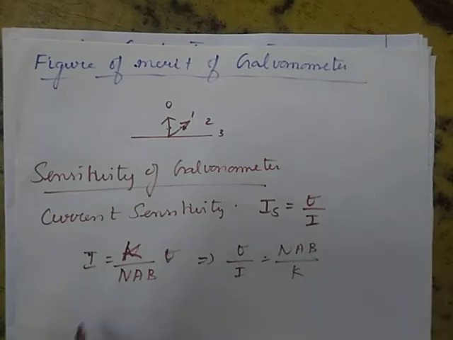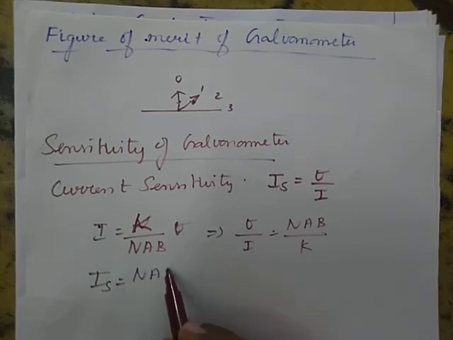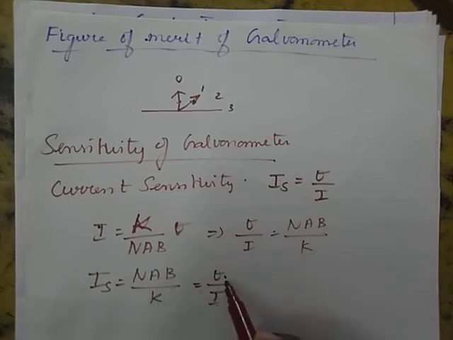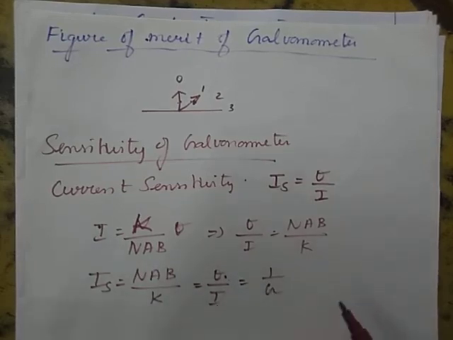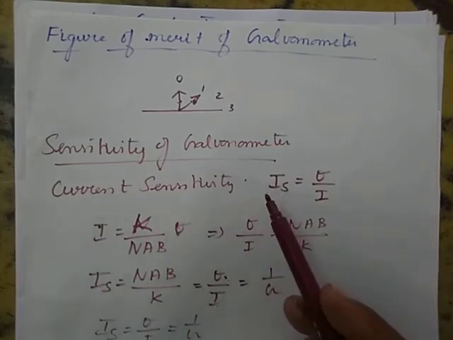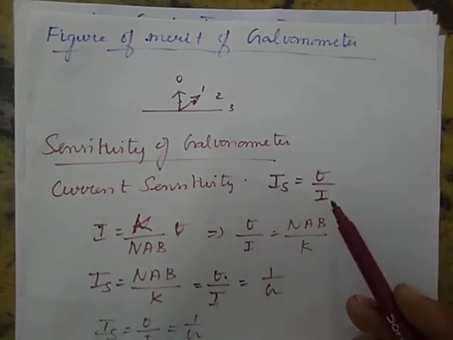Substituting this, current sensitivity Is can be written as N A B by kappa, which is equal to theta by I, deflection per unit current. This value is equated with 1 by G. Then Is is equal to theta by I, which is equal to 1 by G. This is known as current sensitivity, nothing but the deflection per unit current.